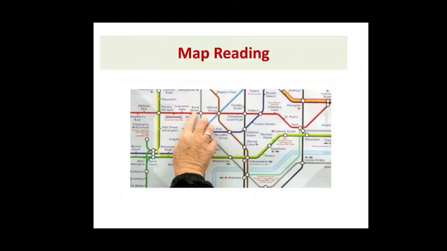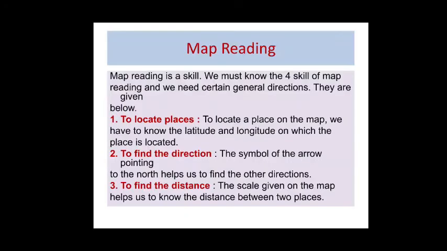Map reading is a skill. We must know the skills. Map reading is one of the skills. We must know the four skills of map reading. We need certain general directions, children. They are given below. First, to locate places.